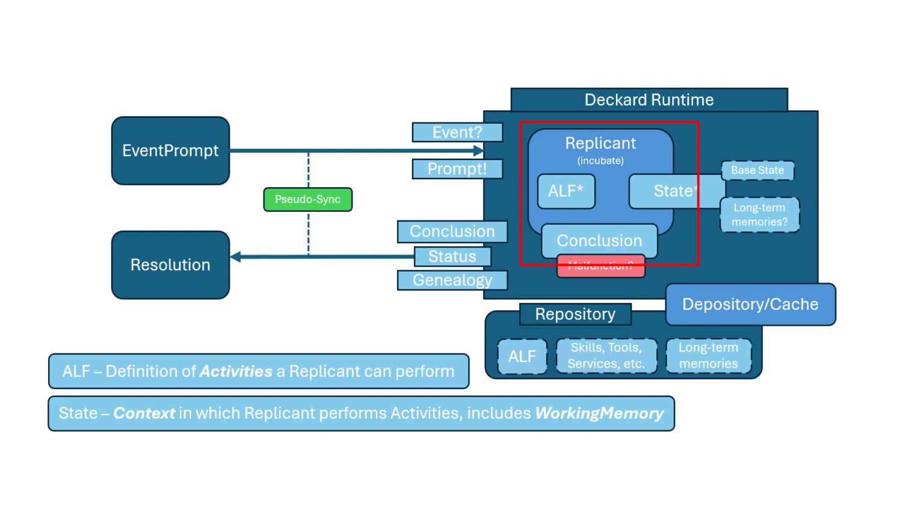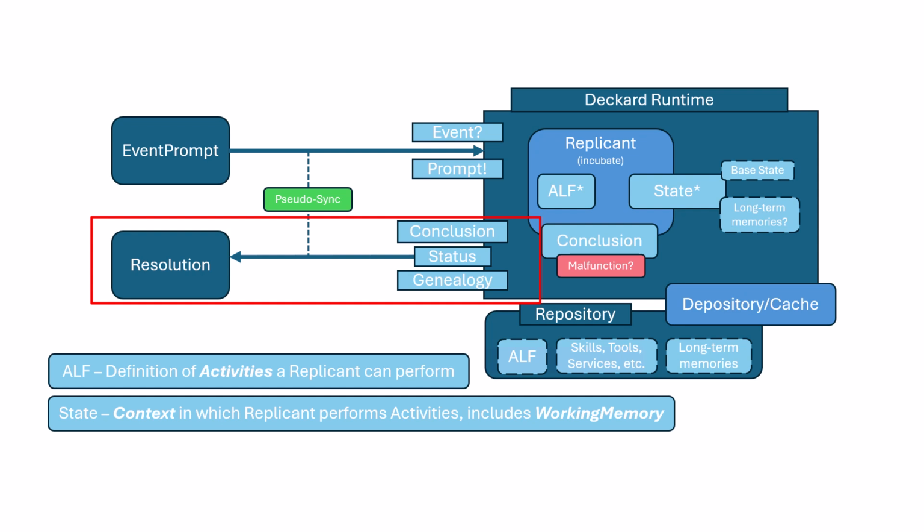And from that, after a replicant has performed an activity defined in an ALF configuration, it will reach a conclusion. And the conclusion may involve a malfunction. But that said, the runtime now will emit a resolution that involves conclusion information, status, and genealogy.